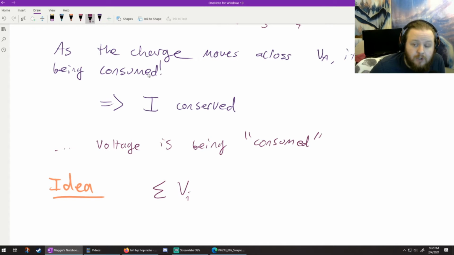If I go across a voltage source, that's going to increase my potential. If I go across a circuit element that is not a voltage source, I'm going to lose some potential. And if I add up all the potentials as I go around the circuit, for every element that's present, however many there are, let's say there's n, this better be 0. And this must be 0 around any path I traverse in my circuit.